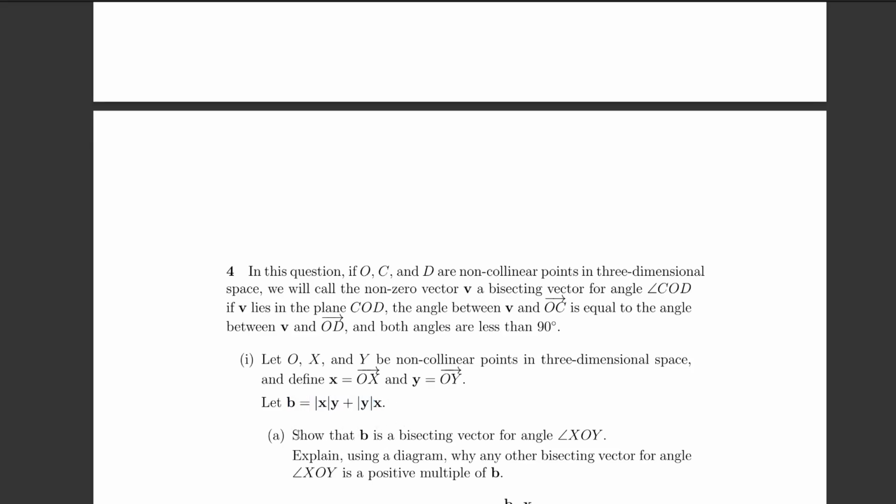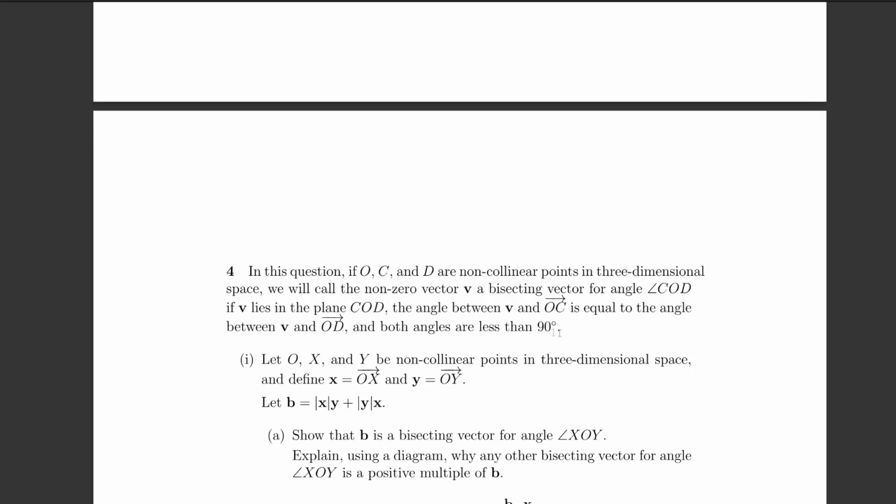And then they want us to show that B is a bisecting vector for the angle x or y. You can start off by drawing a diagram if you want, but you don't really need to do that for this first part, because you just try and show the definition that they give, right?